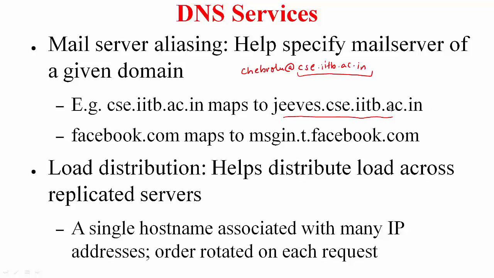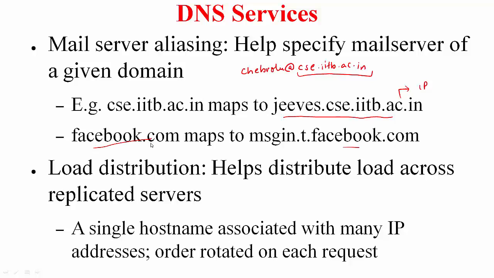As a consequence of this, I will resolve what the IP address of this particular host name is, again via DNS, and then I will send this email to that particular mail server. Similarly, msgin.t.facebook.com is the mail server corresponding to the facebook.com domain.